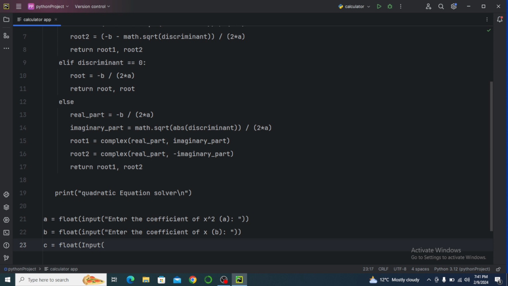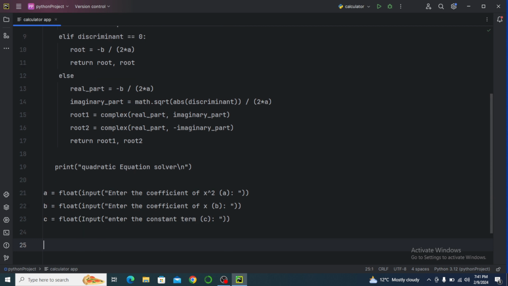You should enter the coefficient, sorry, there's no coefficient in the c part. It should be the constant term c in this case. And then we'll close the bracket.